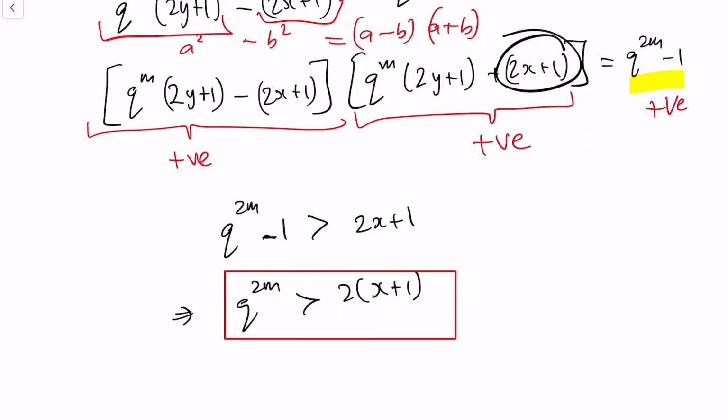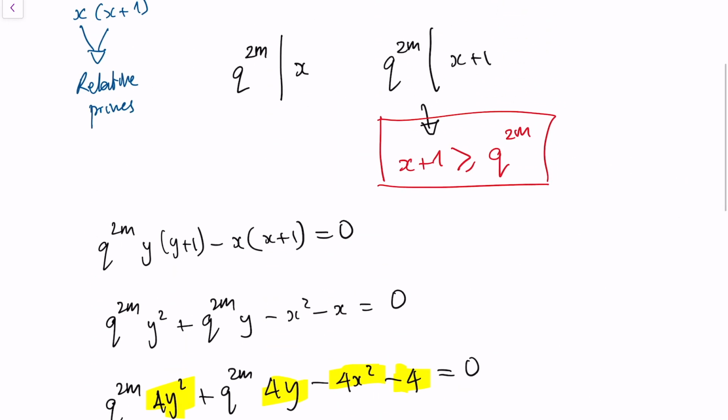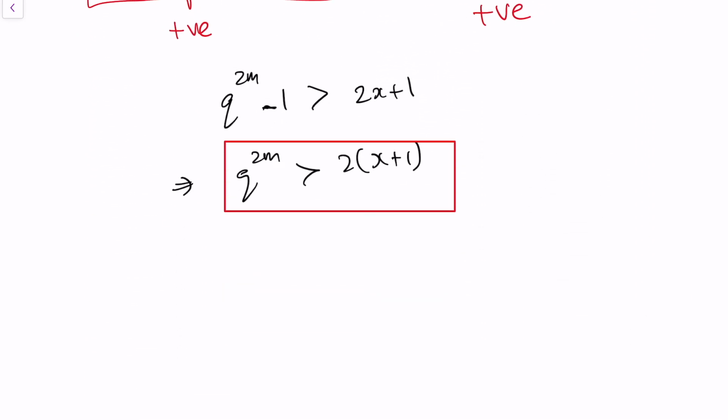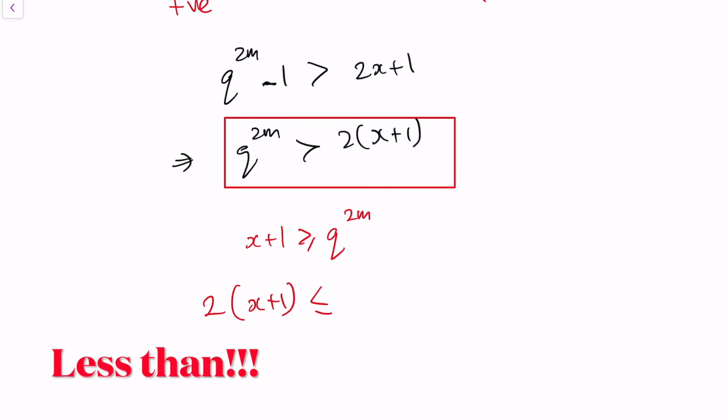So let's compare this with our first inequality, which was x plus 1 is greater than or equal to q to the power of 2m. So we have x plus 1 is greater than or equal to q to the power of 2m, but at the same time, we are saying 2 times that must be less than or equal to q to the power of 2m.